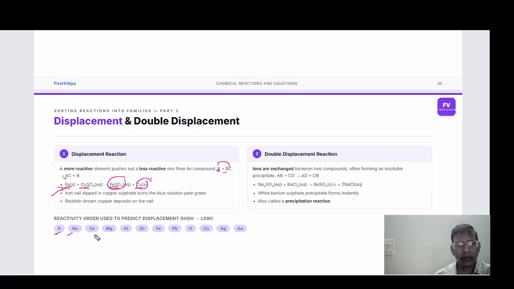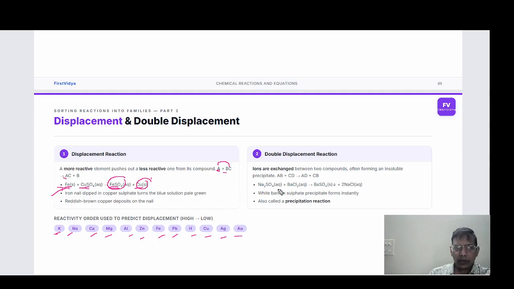Then sodium, calcium, magnesium, aluminum, zinc, iron, lead, hydrogen, copper, Ag, and this is silver, and finally gold. Gold is the least reactive, as we know, that is one of the reasons why we use gold and silver.